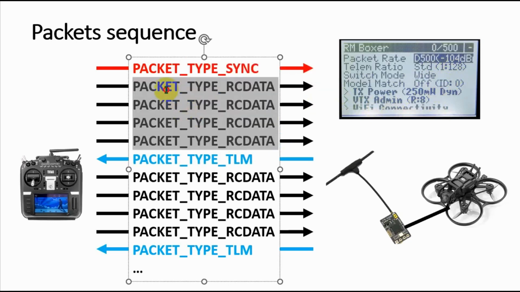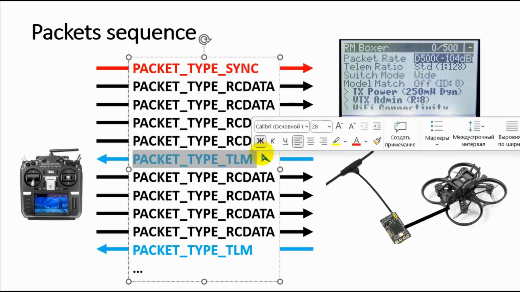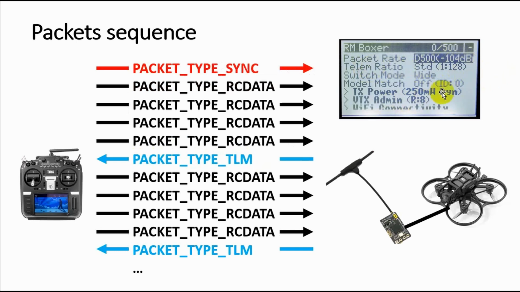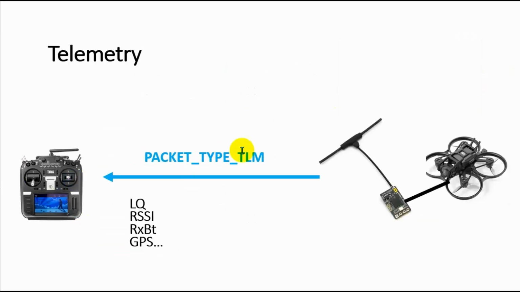If we send telemetry less frequently, then we will have another value, so it's one more parameter that is also sent. And what is telemetry? Telemetry is information that is sent from the drone, from the ELRS module, back to our remote control, and we can display it on the screen.